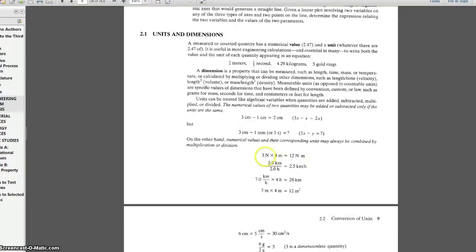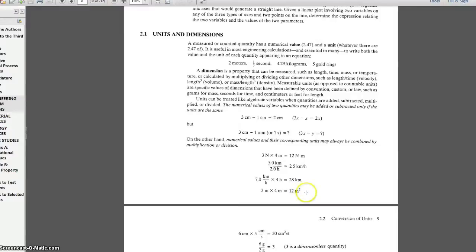For example, Newton, which is force, times length will provide a Newton meter, while kilometers divided by hour, which is length divided by time, will produce a velocity, and velocity multiplied by time will end up with length, and so on.